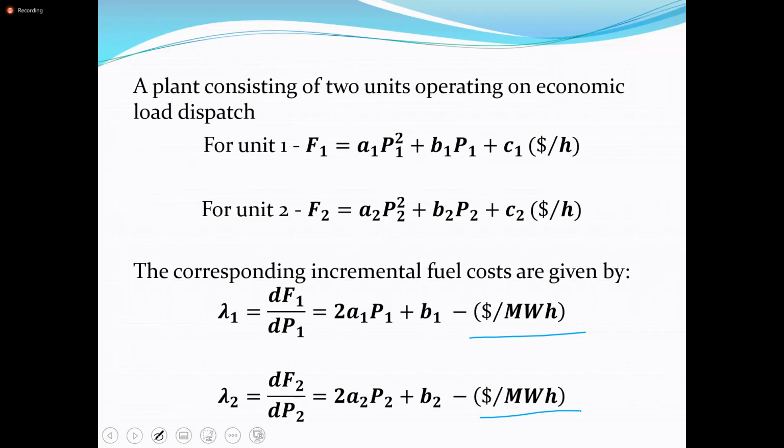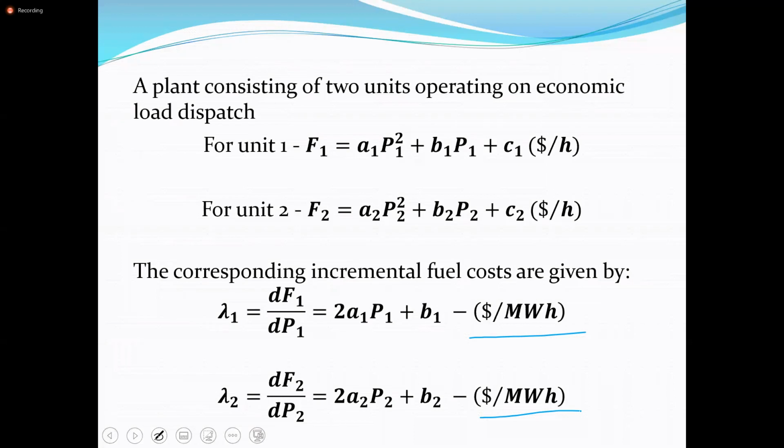Are you with me? That's the objective. So I want to see, how much load will unit 1 take on? How much load will unit 2 take on? But out there, the demand from the plant will be P or PT. So PT will always be equal to P1 plus P2.